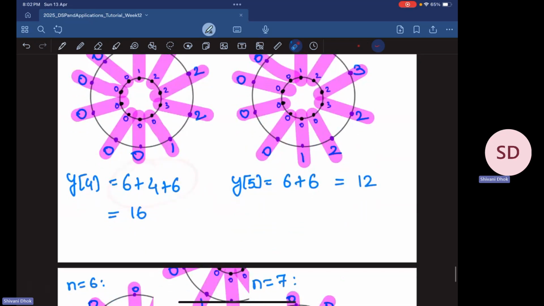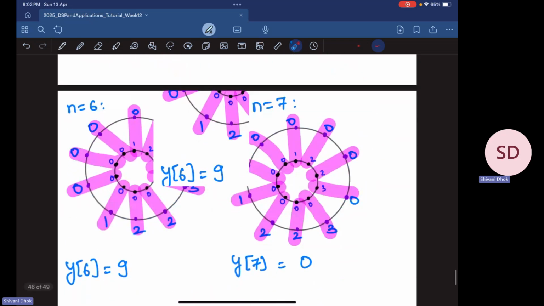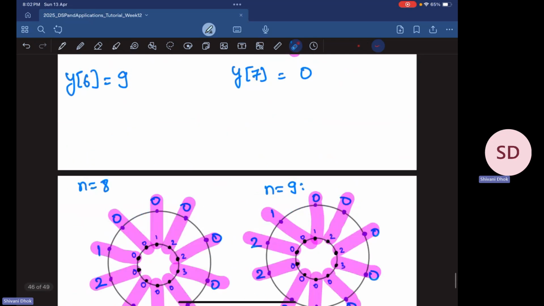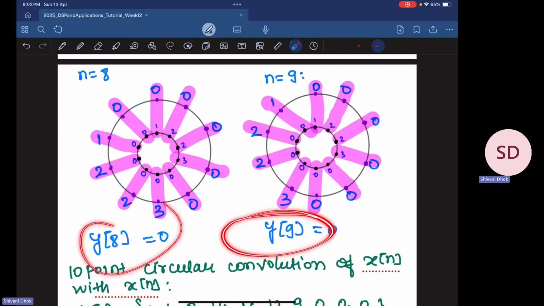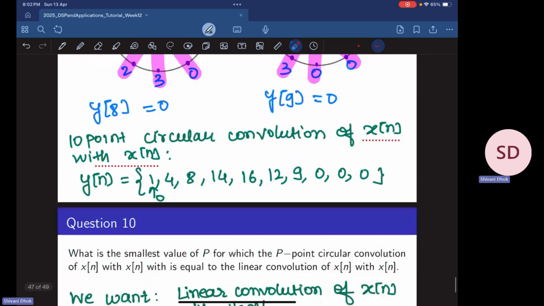So here 3 values are overlapping, here 2, then here 1, and then there is no overlap. If we focus on the first 7 values, these are exactly the linear convolution of the given 4-point signal.